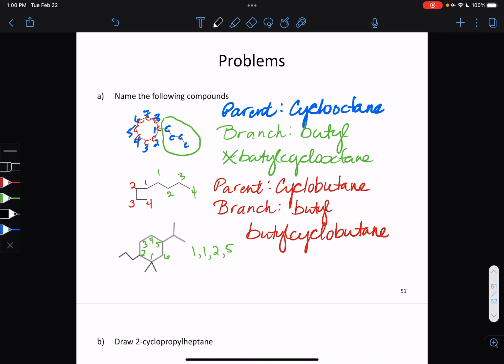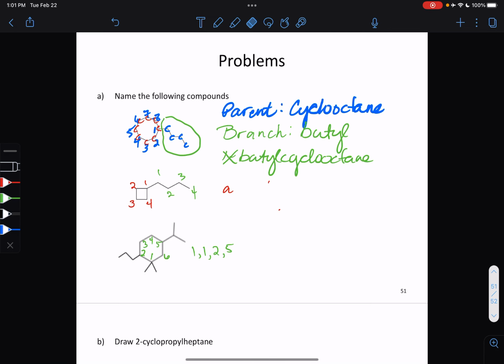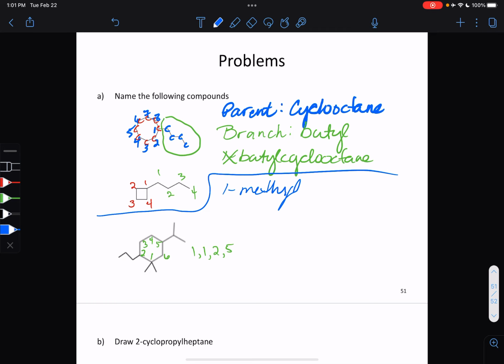Alrighty, so what we have, let's erase this up here just so we have some more room. Good, good. Okay, so we have 1-methyl, and we have a 1-methyl, and those two will give us 1,1-dimethyl.